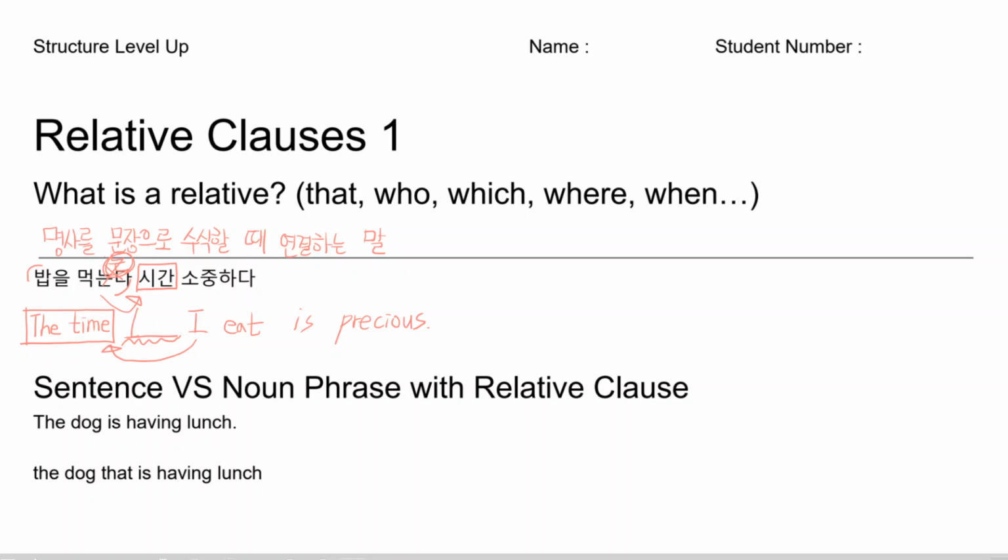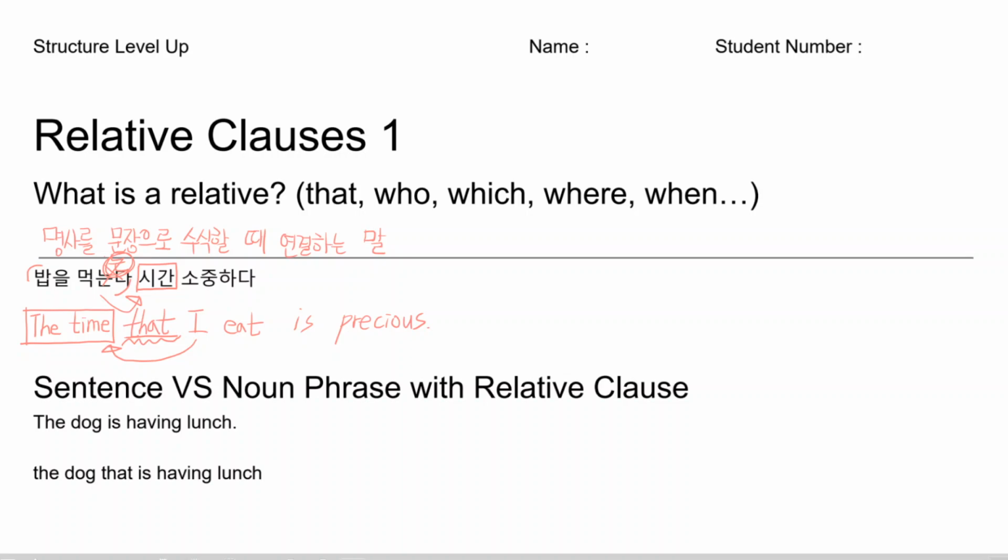So what do we say here? The most frequent relative is that. If you don't know the answer, and if the answer doesn't pop up in your head very quickly, just go with that, because that's the most frequent one.